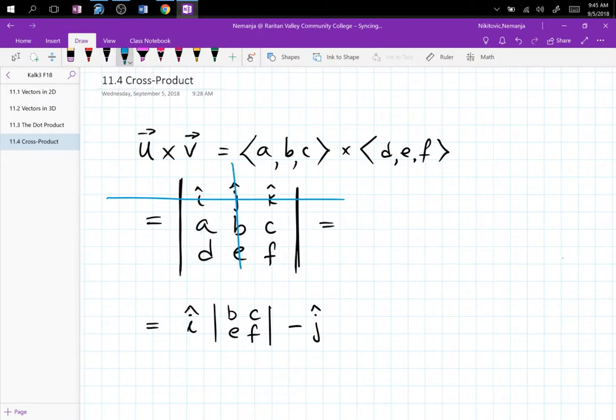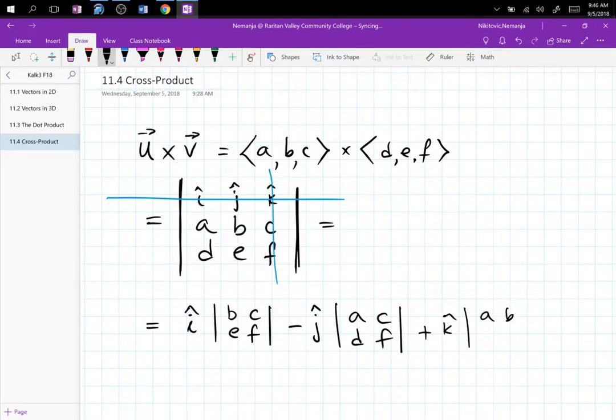So we are done with I's. Now we're at J's. Eliminate the row and column. The matrix that is left behind is A, C, D, F. And finally plus K. Eliminate row and column. You have A, B, and then D, E.